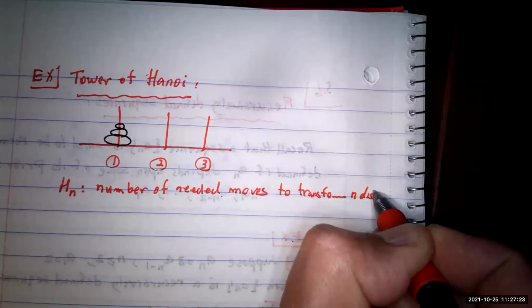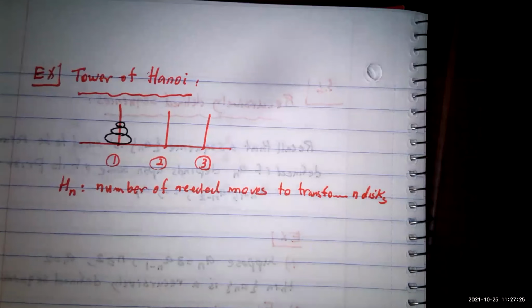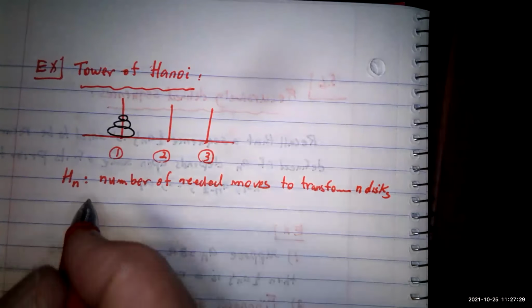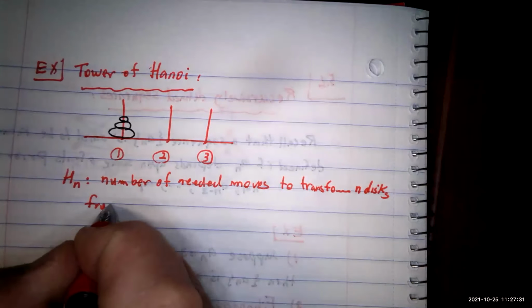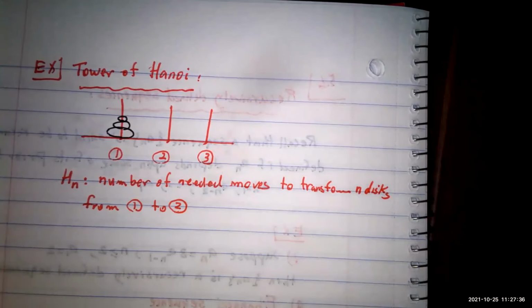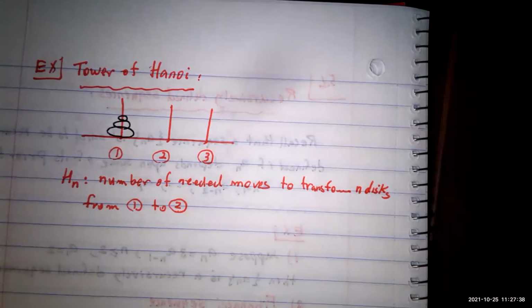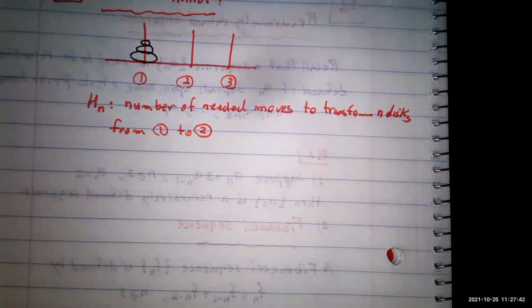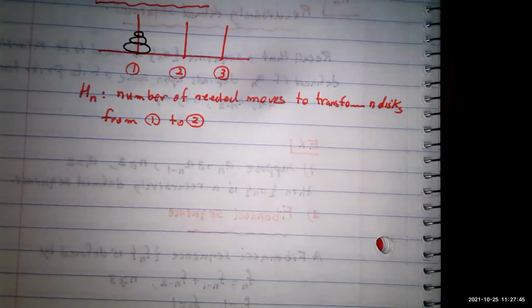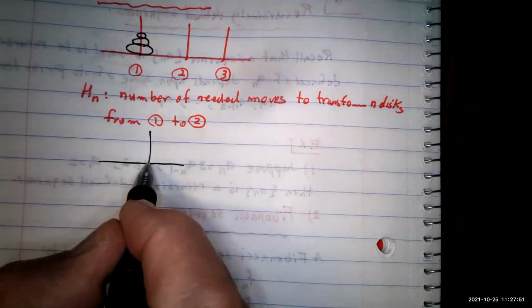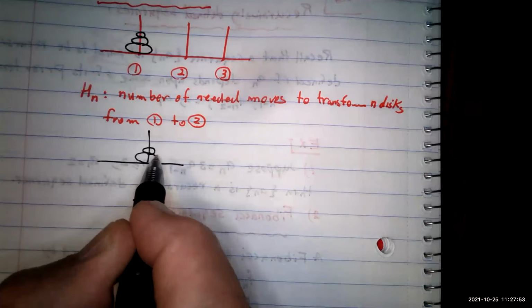Okay, in this case, n is equal to 3. And this is from number 1 to number 2. Okay, anyone want to try to see what will happen if you have 3 disks? Move the small disk to 2. Okay, let's see. So this is it.